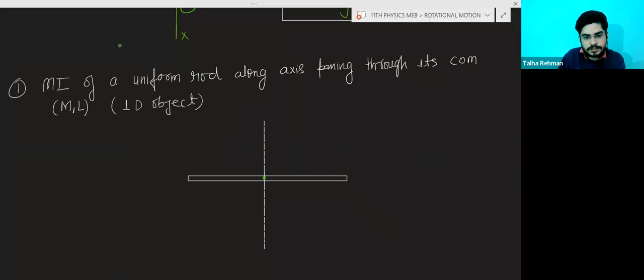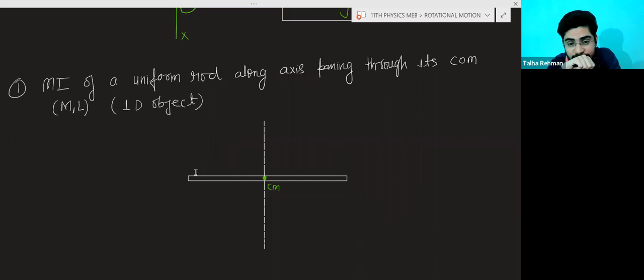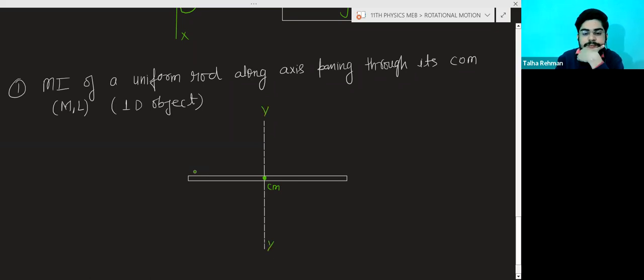This rod has the length L and the mass m. Now what will we do to calculate the moment of inertia about this axis? Suppose you take this axis as the y axis. You want to find I of y.